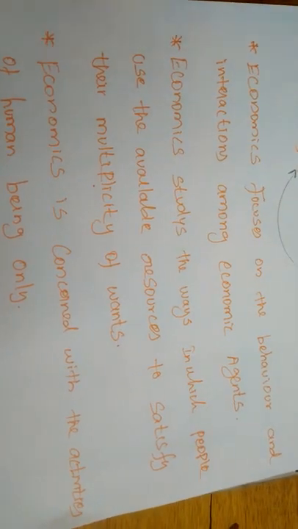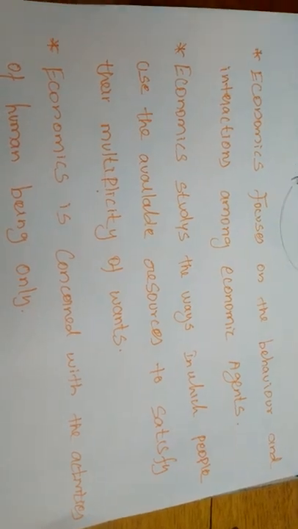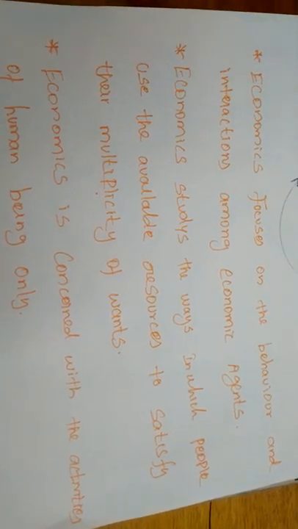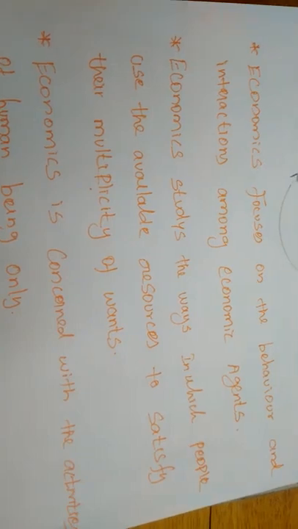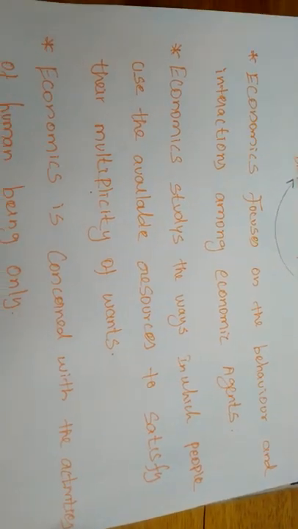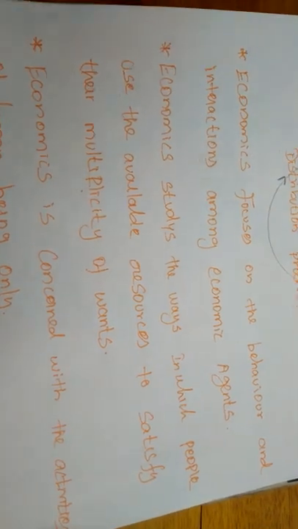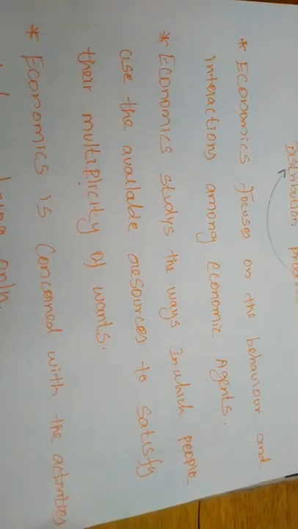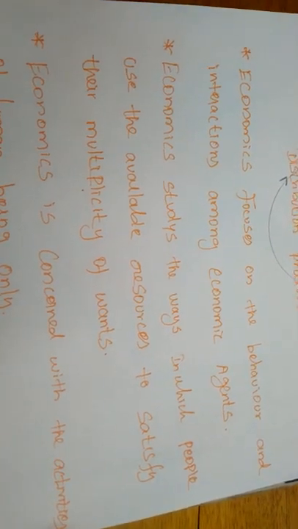Rational behavior means intellectual people. When we are going to spend some amount of money on consuming any commodity, the consumer must expect optimum level satisfaction. So people should not spend more money on consuming any commodity.